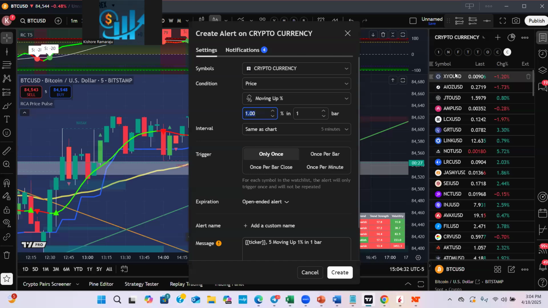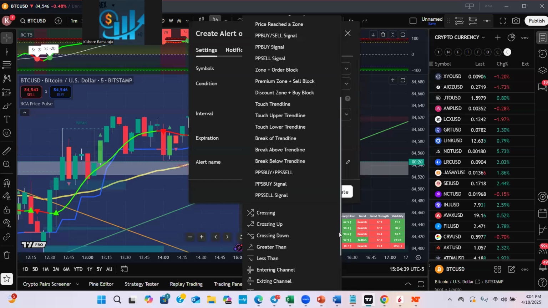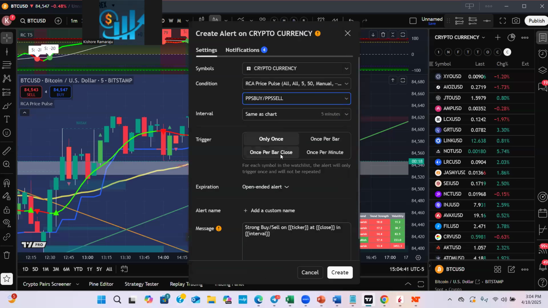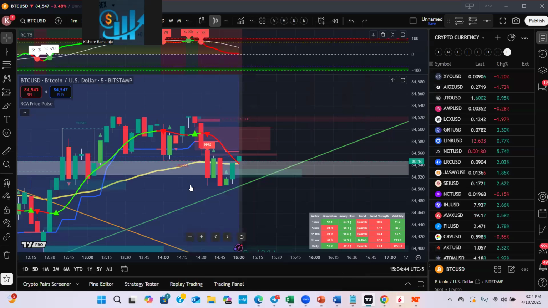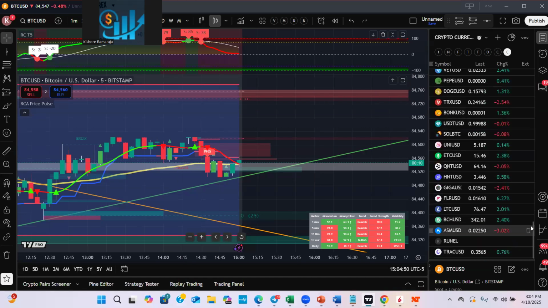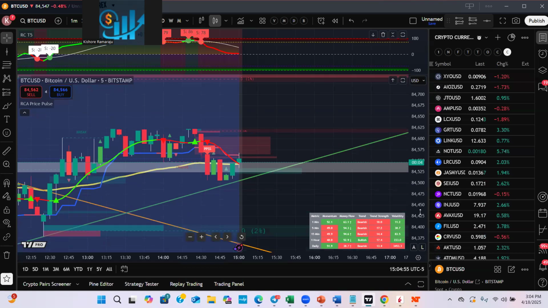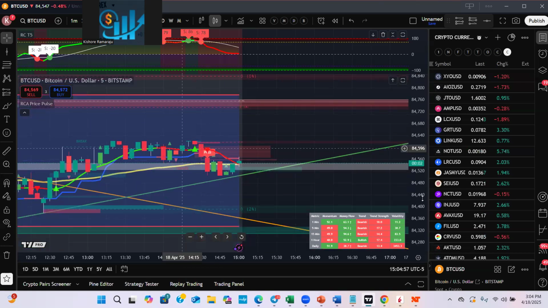I can set an alert on this. So on all these cryptos, whenever you get a price pulse buy, price pulse sell, you can take the trades.